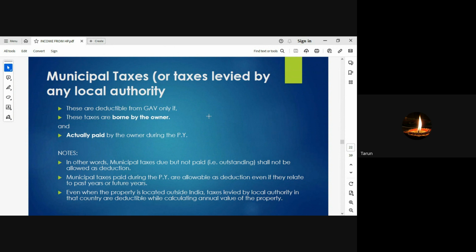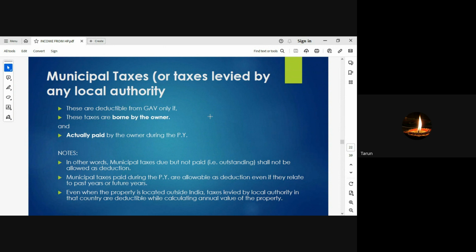Even when the property is located outside India, it is a very important point. Even when the property is located outside India, taxes imposed by the local authority in that country are deductible while calculating the annual value of the property, right?